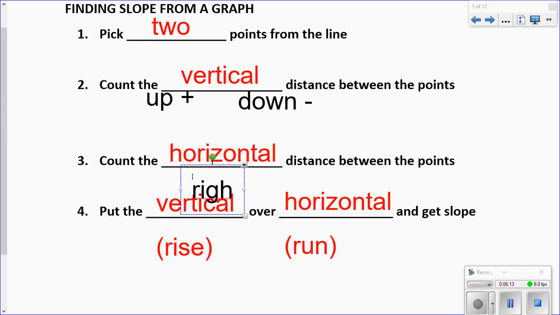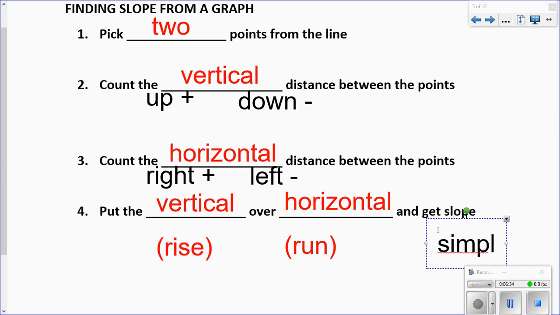If you move to the right, you're moving positively, and if you move to the left, you're moving negatively. So you've got to be careful about those negatives and positives because they will make a difference for your rise and run.